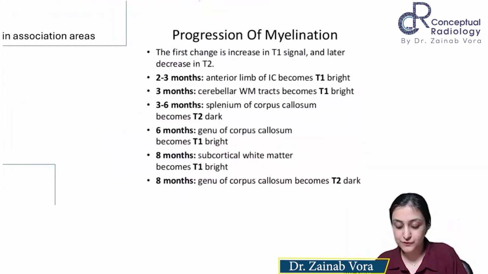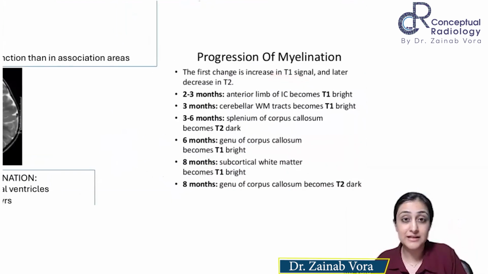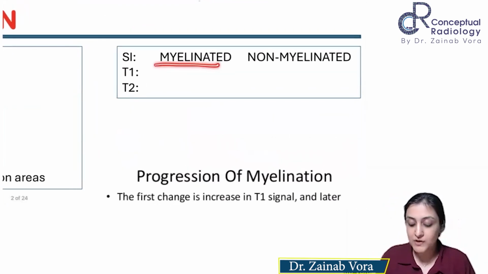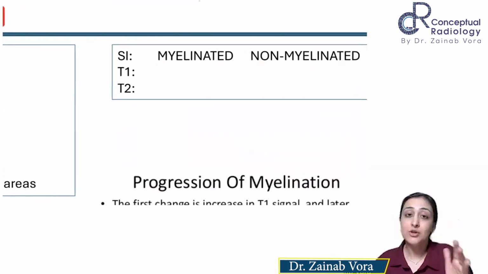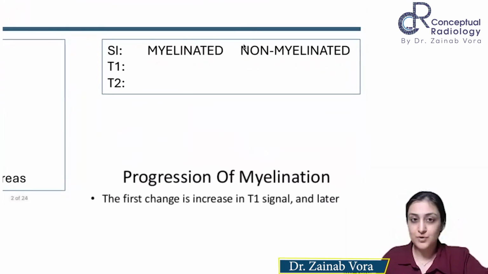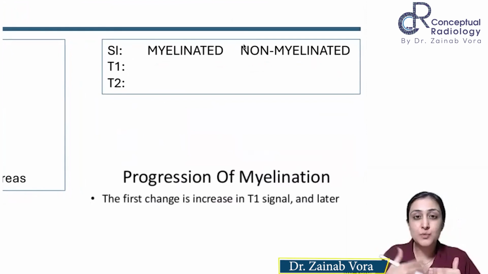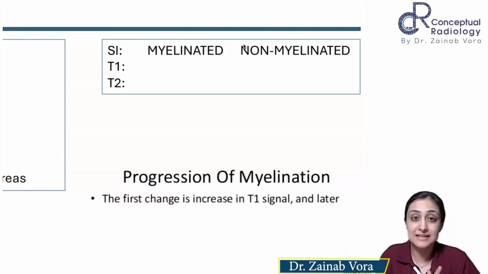So the first change is an increase in T1 signal and later a decrease in T2. What this means is, let's just do this. How would the signal intensity of myelinated white matter appear vis-a-vis non-myelinated white matter? Whenever something is myelinated, as you put myelin to it, the water content decreases, so that's what is reflected here. It's the decline in water content which reflects as the signal intensity.